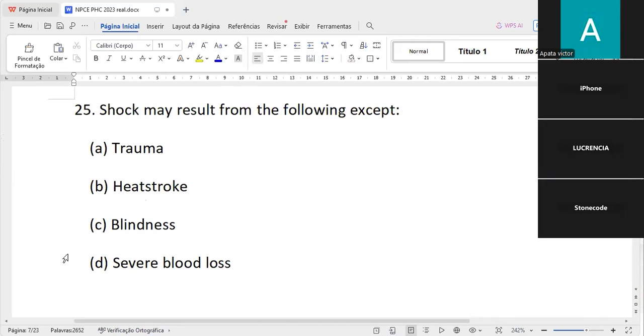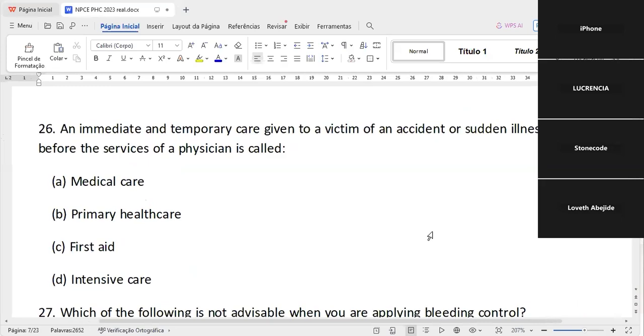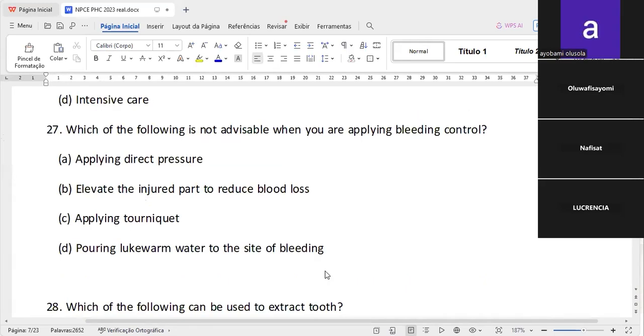Shock may result from the following, except blindness. An immediate and temporary care given to a victim of an accident or sudden illness before the services of the physician is called first aid. Correct. Which of the following is not advisable when you are applying bleeding control?